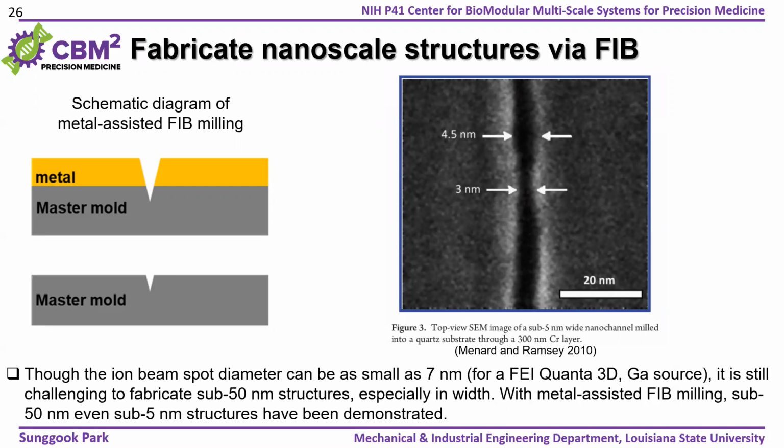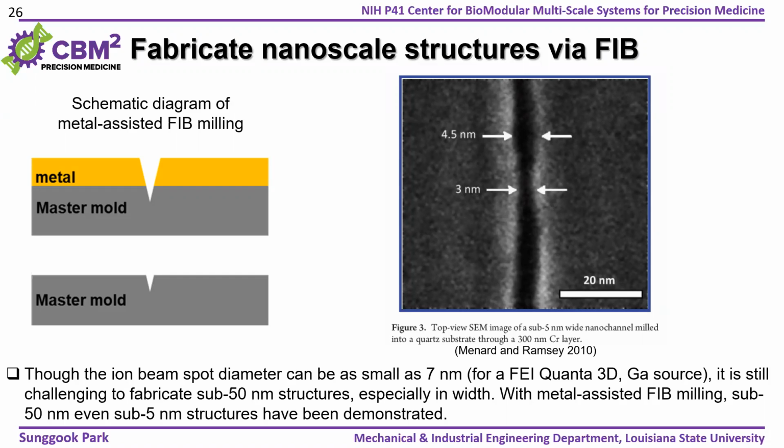As I mentioned before, the practical limitation of the smallest feature, the resolution that can be produced by focused ion beam milling, is 10 to 15, or practically like 20 nanometers, right? But people try to reduce the smallest patterns by using so-called metal-assisted focused ion beam milling.